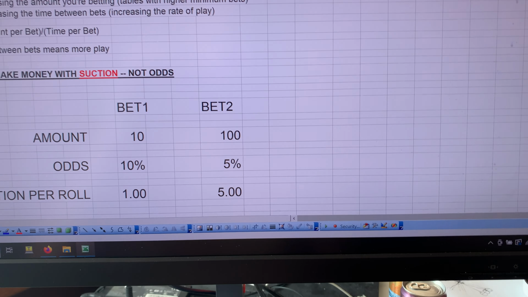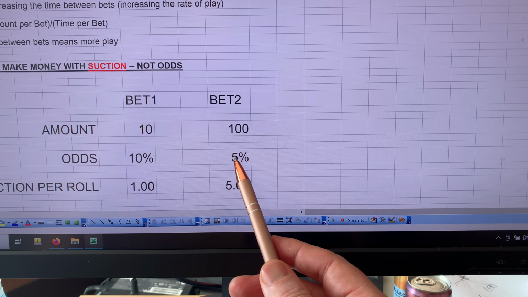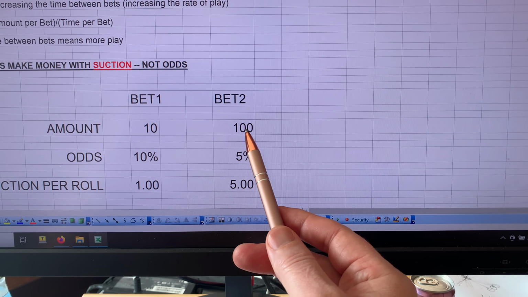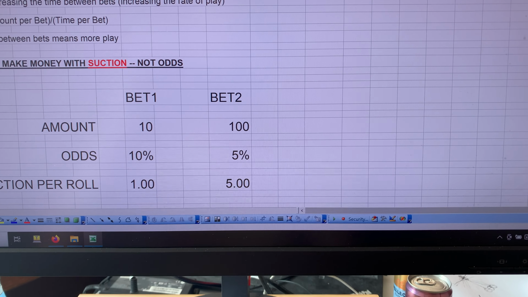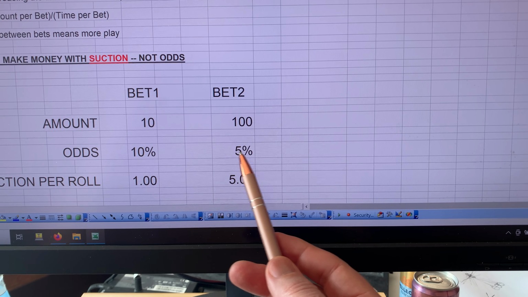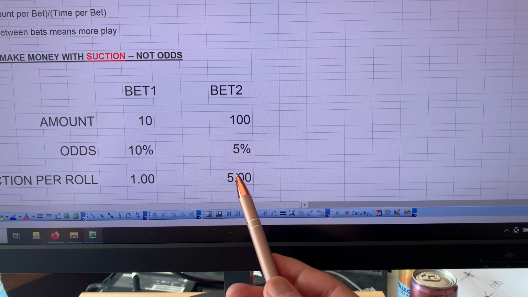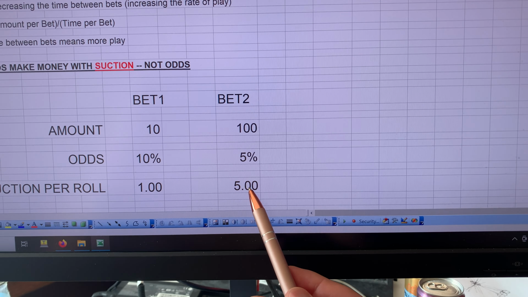But let's say the casino says if you go to this other table with a higher minimum of $100, I'll give you 5% odds. So that sounds better. Wow, I'm getting 5% odds instead of 10%. But look at the suction. 5% of 100 is $5.